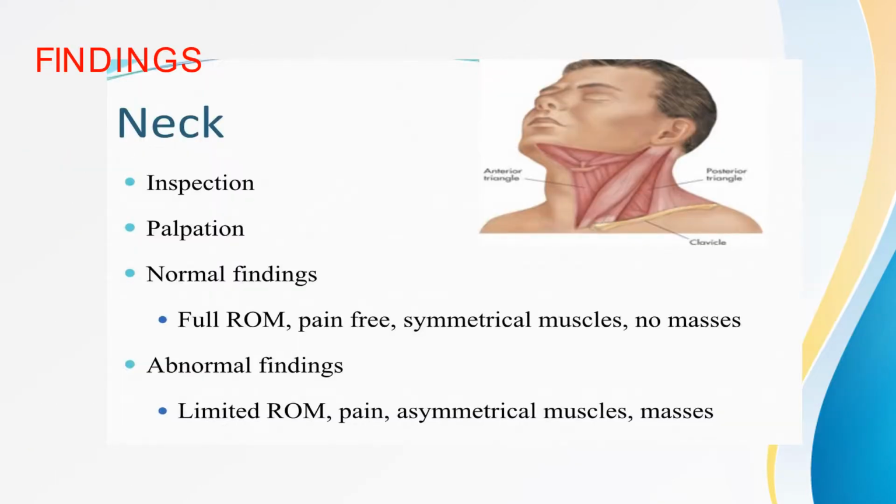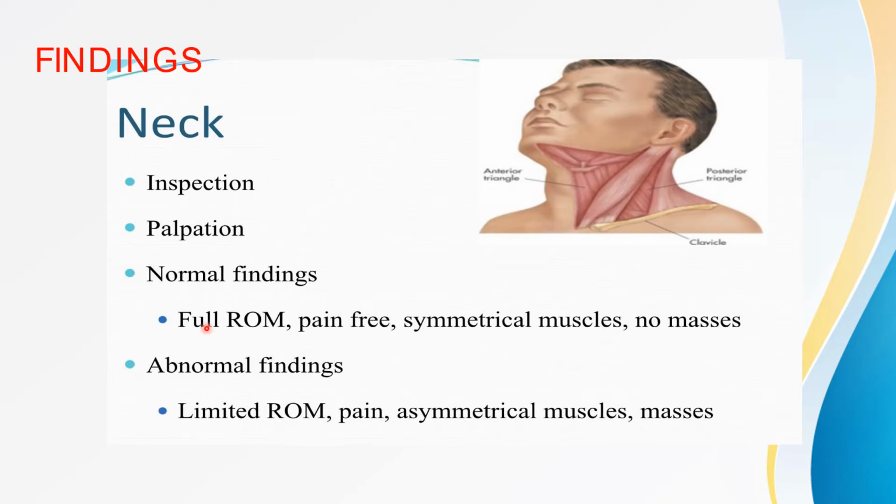So what do we usually find from the neck of the patient? When we ask the client to move his neck, there should be a full range of motion. The patient would be able to perform left and right, ears to shoulder left and right, chin to chest, and chin upwards without any difficulty, pain free, and there would be symmetrical muscles and no presence of masses.